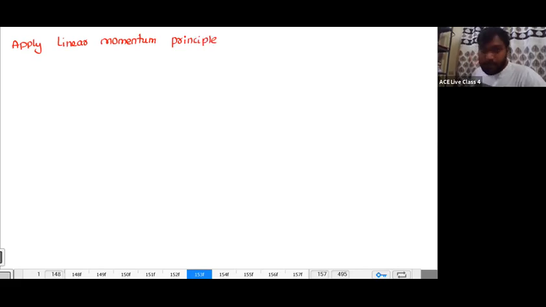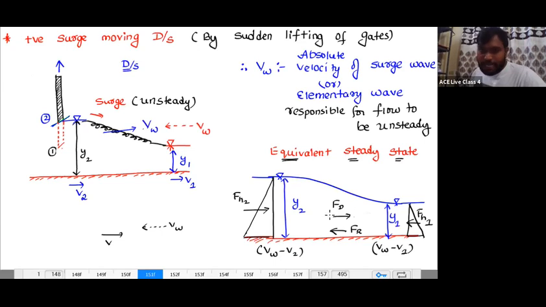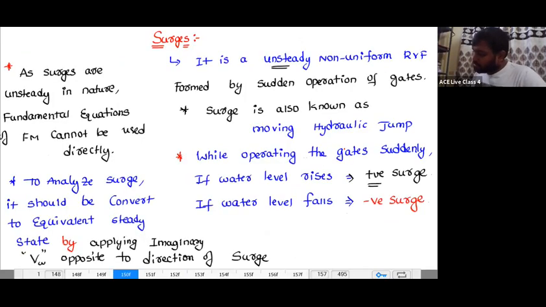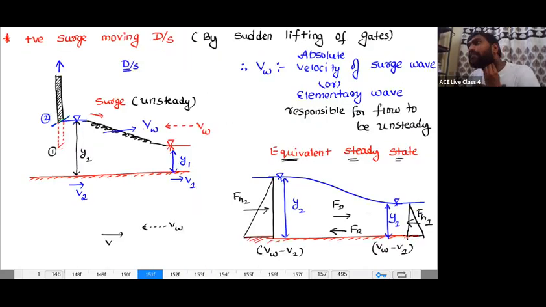So what is the linear momentum principle here? Now you go back and check what are the forces acting along the direction of flow. FH2 plus FD minus FR minus FH1 is equal to rho Q into V2 minus V1. So here the velocities are VW minus V2 and VW minus V1.